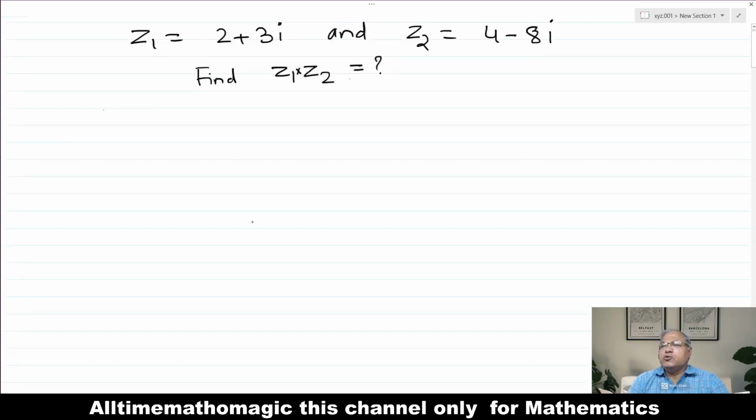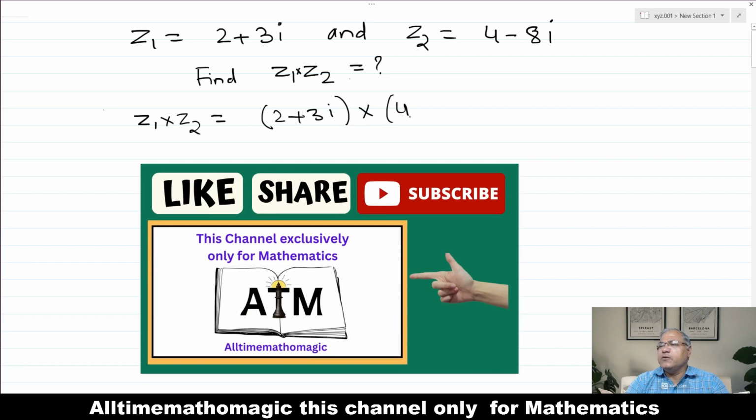If Z1 equals 2 plus 3i and Z2 equals 4 minus 8i, find Z1 into Z2. So Z1 into Z2 equals, first we write the Z1 value, that is 2 plus 3i, multiplied by Z2, that is 4 minus 8i.